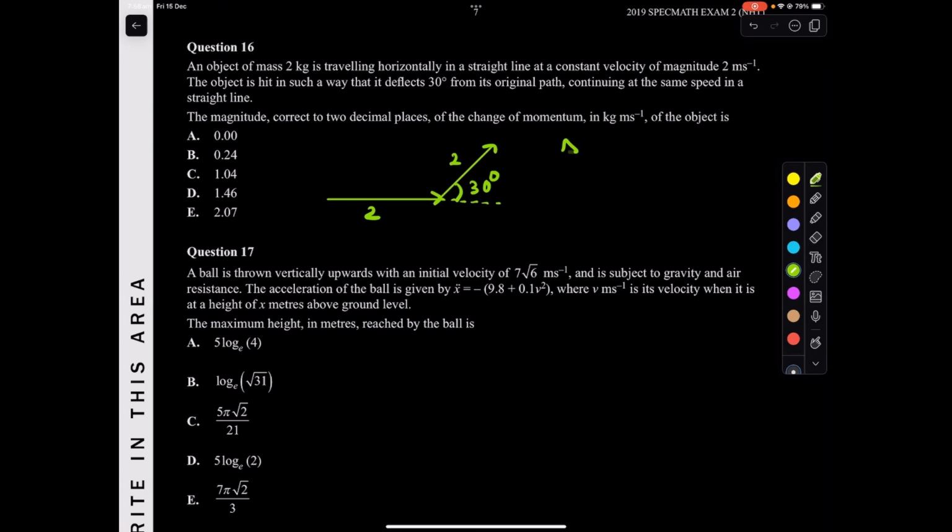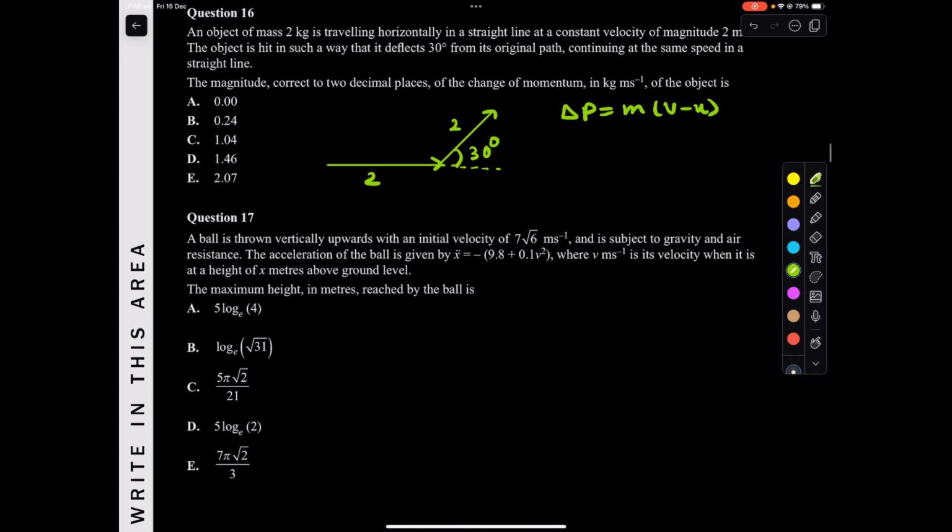Okay, we know that the change in momentum is mass times final velocity minus initial velocity. So what do we know? Make sure to treat these as vectors. Let's call the horizontal direction the I component and the J component up or down. So initially, the original velocity is 2, to the right, and we're taking right as positive, and it's an I component, so it's just going to be 2I.